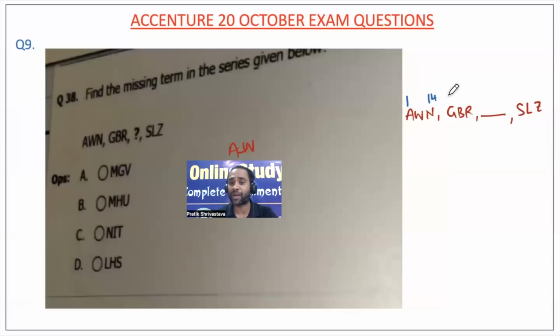N, November 14th. W is nothing but 23. G I have taught you, so G is 7. B is 2. R is 18. S is 19. L, lunch at 12 p.m. for an SBI employee. Z is 26, right?